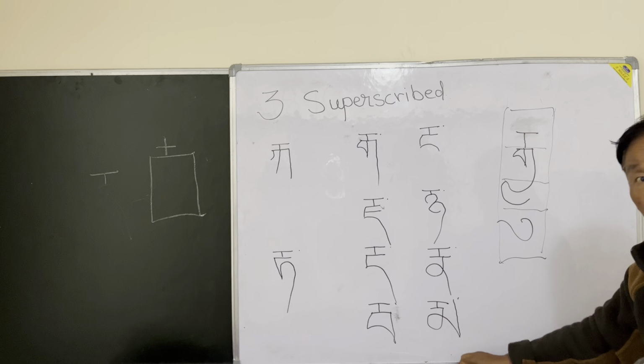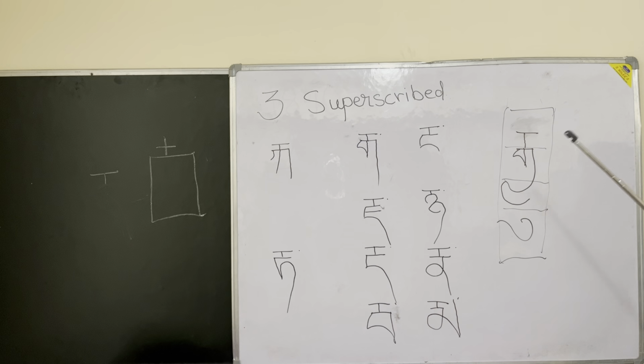So we covered all this. Today we did superscript Ra and Ga. Ga is one of the 30 consonants, Ya is the subjoint, and this is the vowel Shabju.